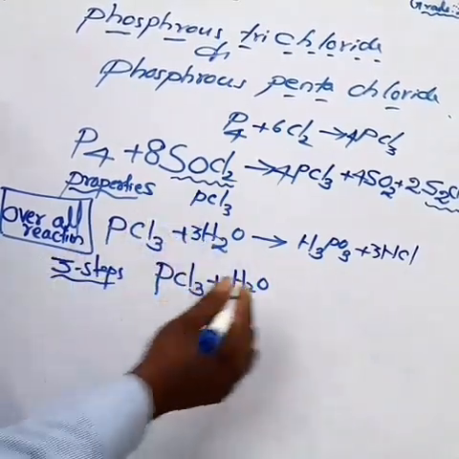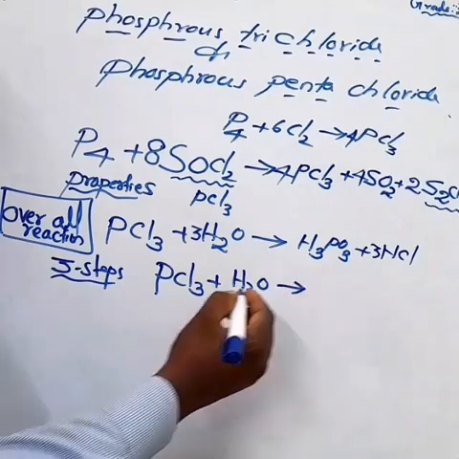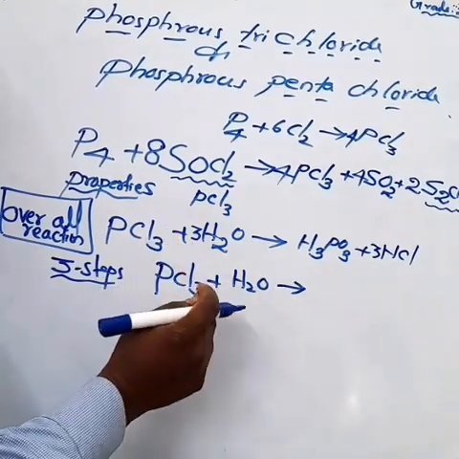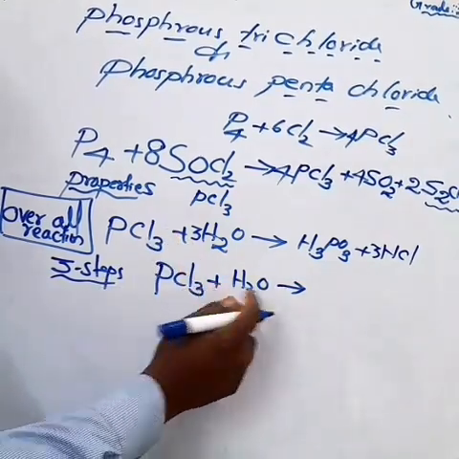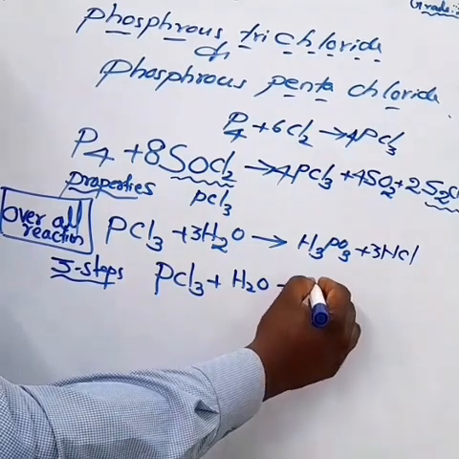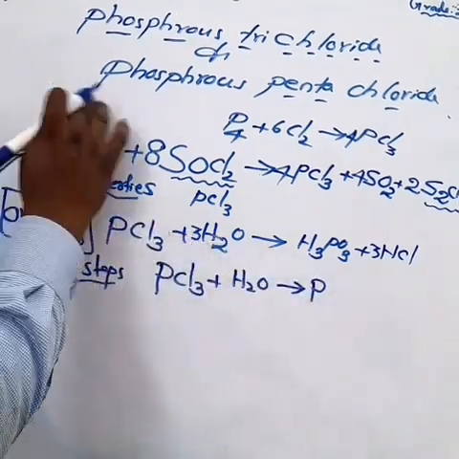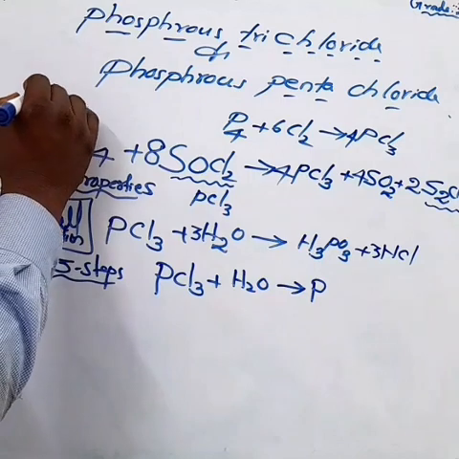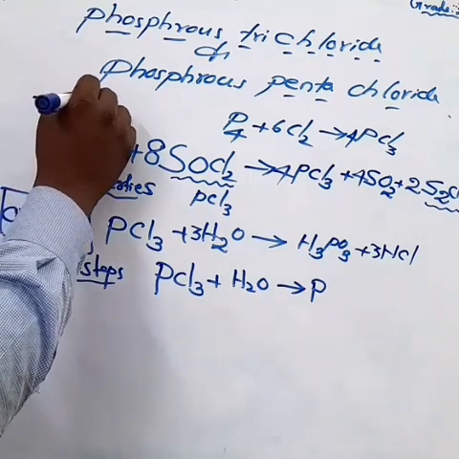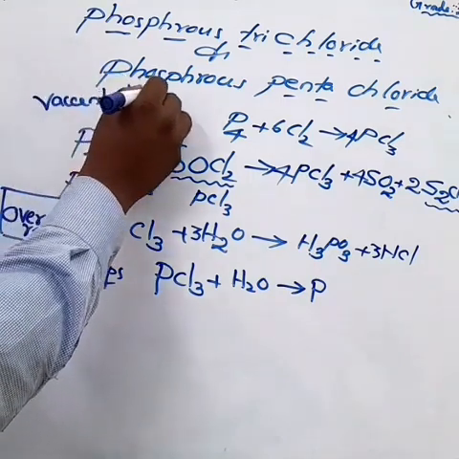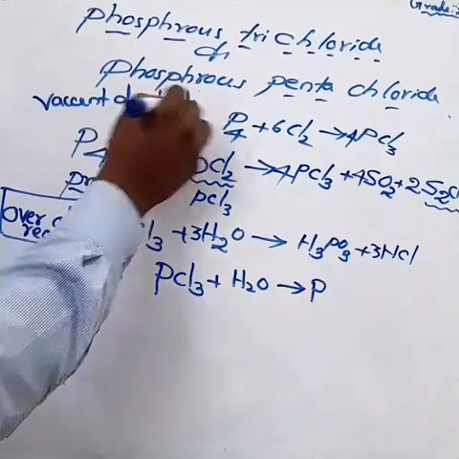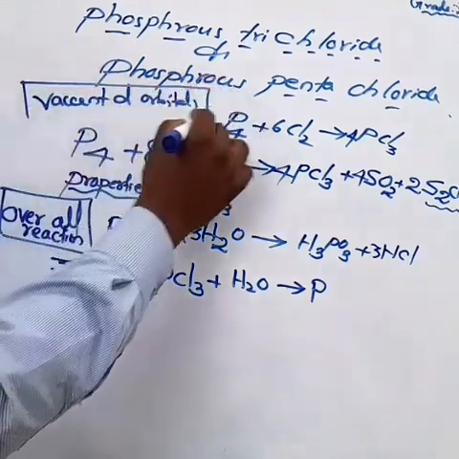We get a coordinated water molecule, that is the phosphorus atom is coordinated with the water molecule using a vacant d orbital. Anyhow, how is the hydrolysis going on?